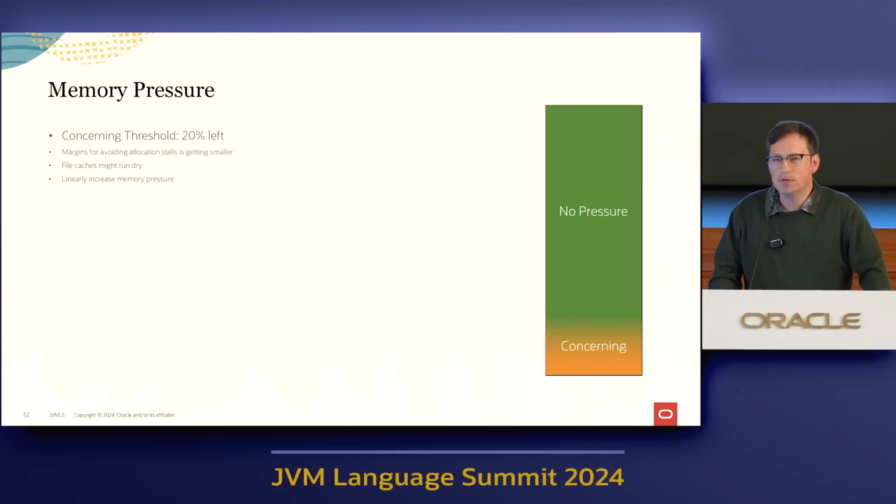Maybe we shouldn't model memory as free anymore. And this is a point where we're starting to have lower margins for getting allocation stalls. And we also might start interacting poorly with file system caches and things like that. So at this point, we linearly increase the memory pressure with how much memory is left.